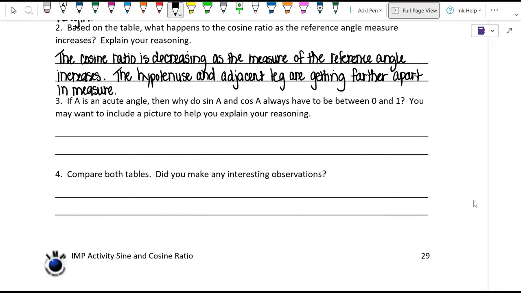So both sine and cosine divide by the hypotenuse, which is always the longest side of a right triangle.